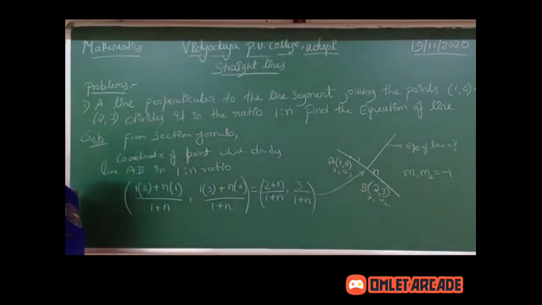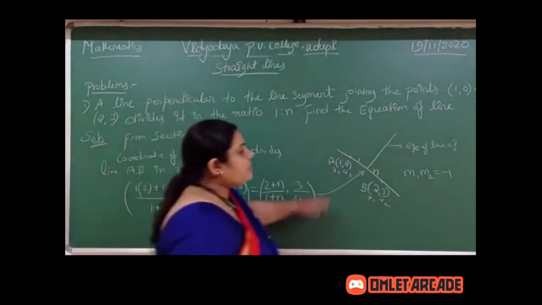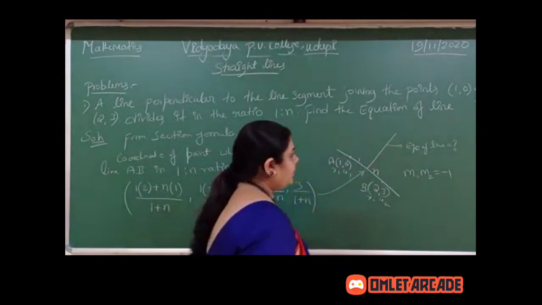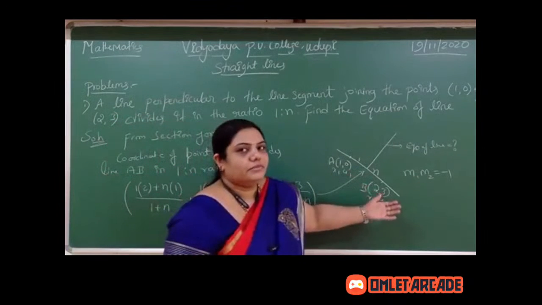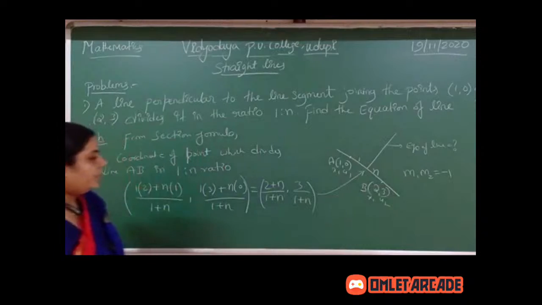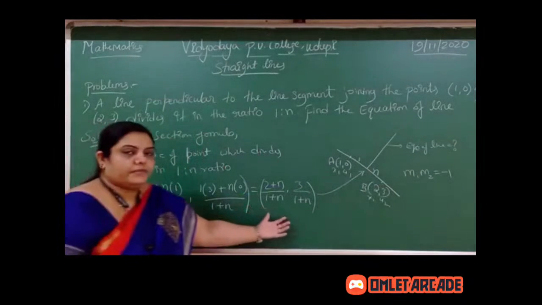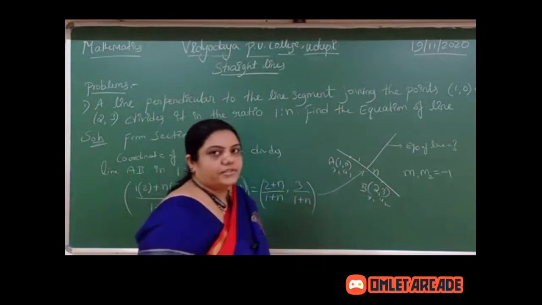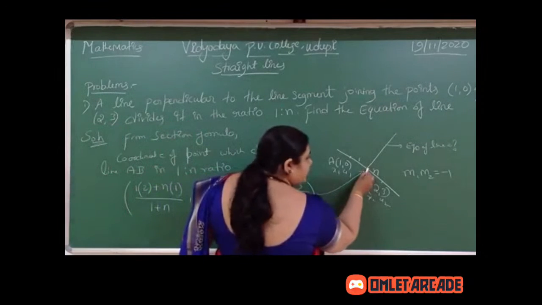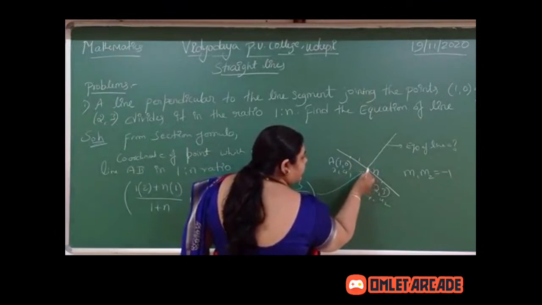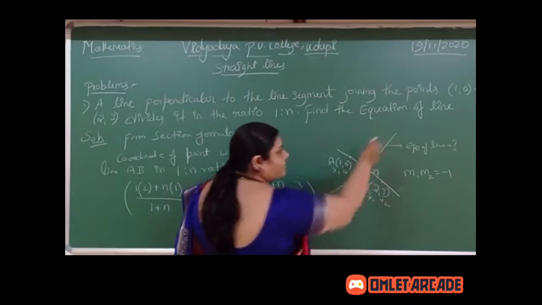Is it clear, students? And this picture is only for your reference, okay? If you are able to write at least a rough figure, then you can easily do the problem, isn't it? So this is the coordinate of this point. So finally we got one point on a line, isn't it? This point is on both the lines, so this is a point on this line also.